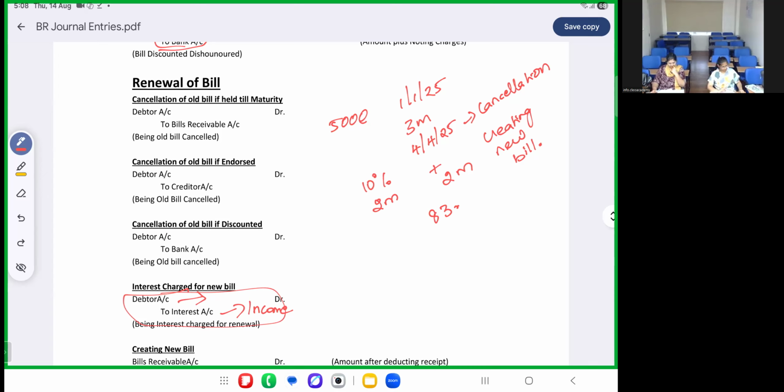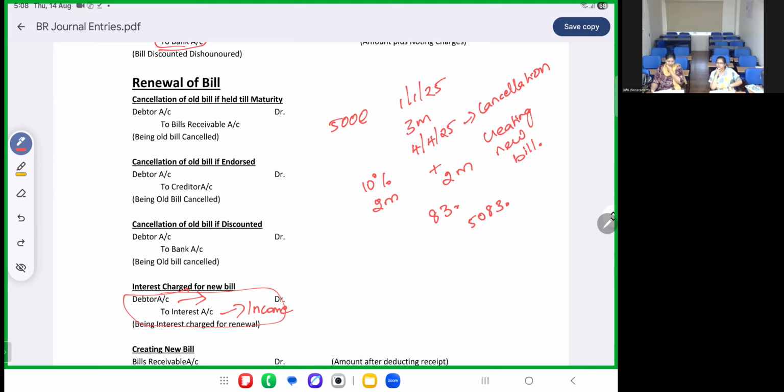Okay. So this 83 rupees I am charging. So 5,083 rupees is my new bill amount.